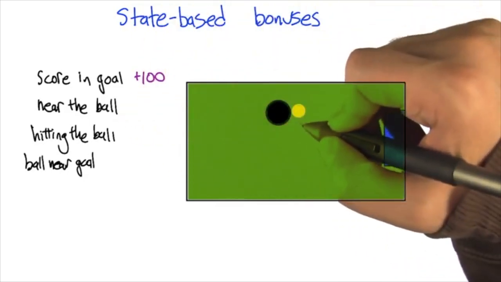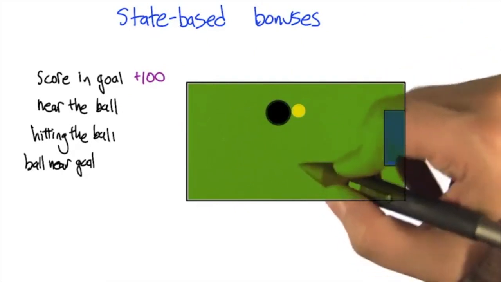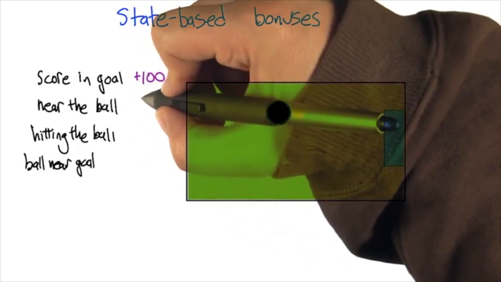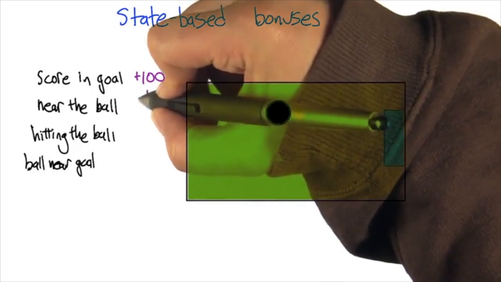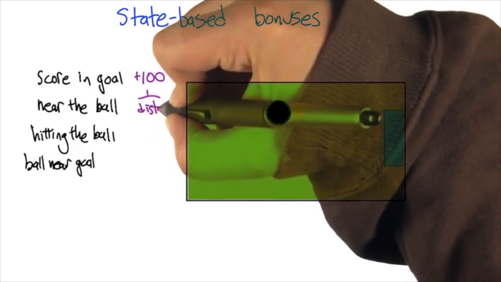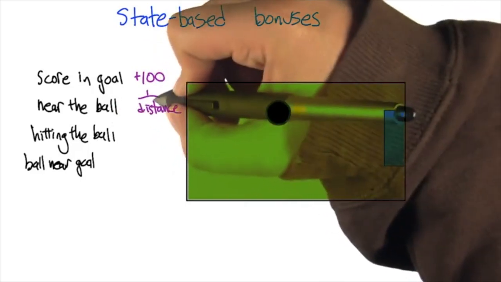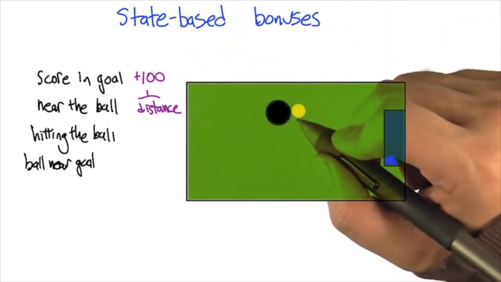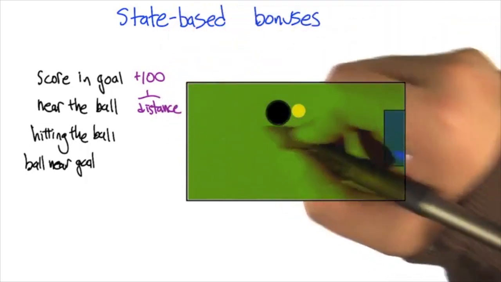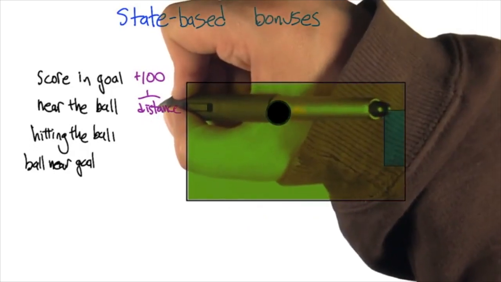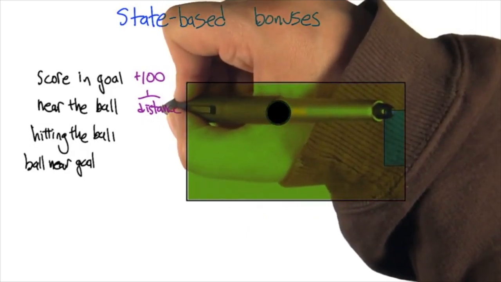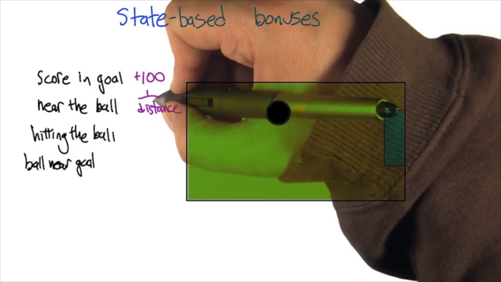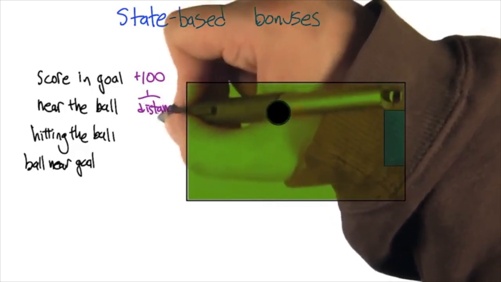But then we're going to have to subtract that off when we move away from those states. So the basic idea is we can still keep track of things like how near are we to the ball, and we can have a score that's associated with the inverse distance. But now the rewards that we get for taking an action are going to be the increment that we get in this value instead of actually this value.